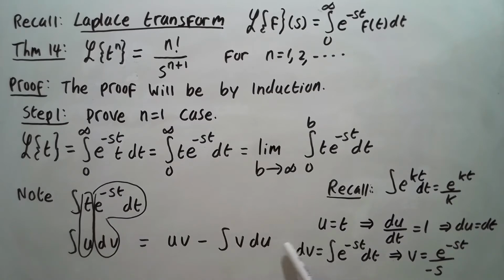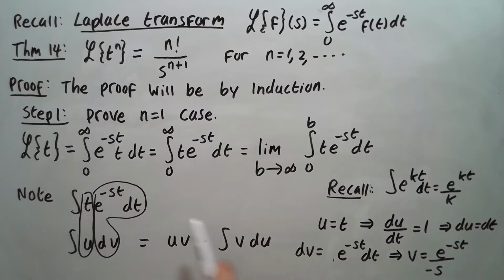So integrating both sides, my v would be, recall that when you integrate e to the kt, it's e to the kt over k. Here my k is minus s. So therefore my v would be e to the minus st over minus s.